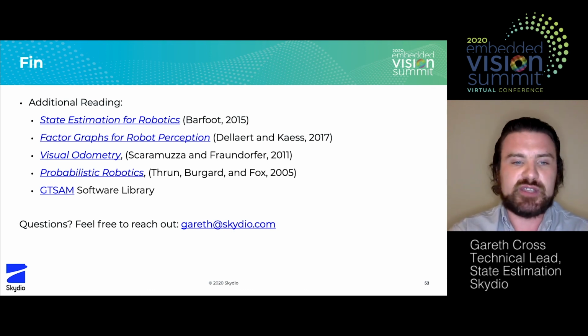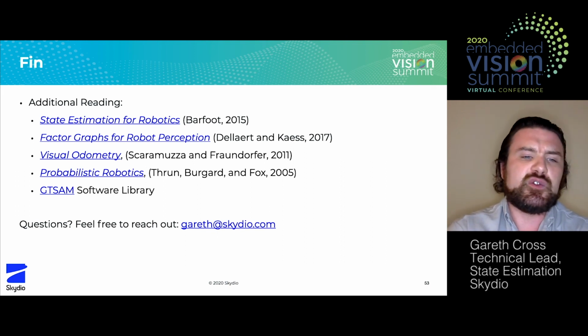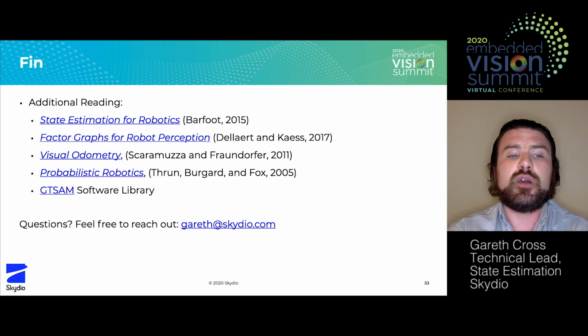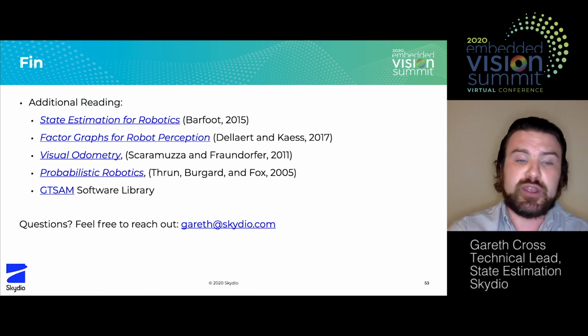That's a great resource, and it's available for free online. I've also included a link to a tutorial or review of visual odometry algorithms written by Davide Scaramuzza. That's a great resource. Visual odometry and VIO, again, are probably one of the most successful adaptations of computer vision research to commercialization in the last few years, and so they're worth looking at, I think.